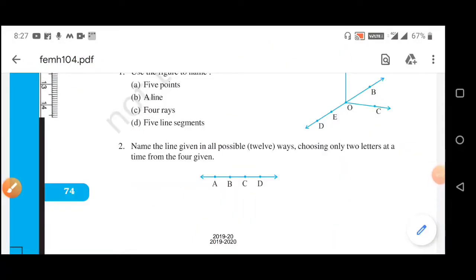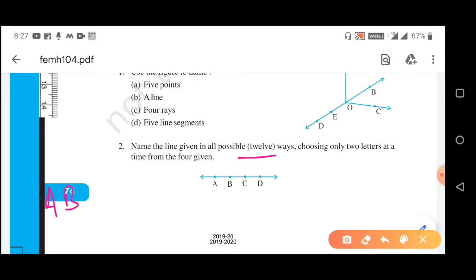Name the line given in all possible 12 ways, choosing only 2 letters at a time from the given 4. So here we have to write the names of the line and we have to write 12 names.